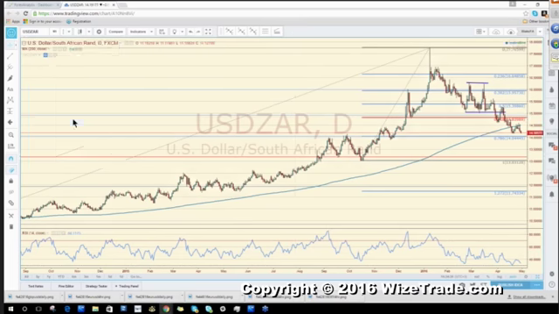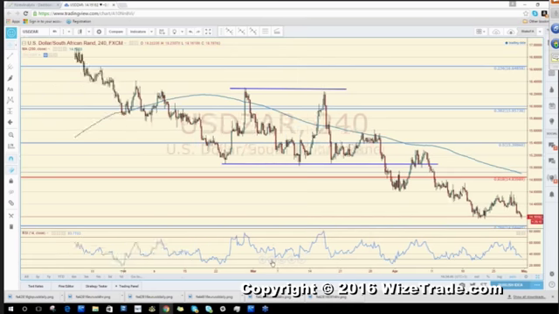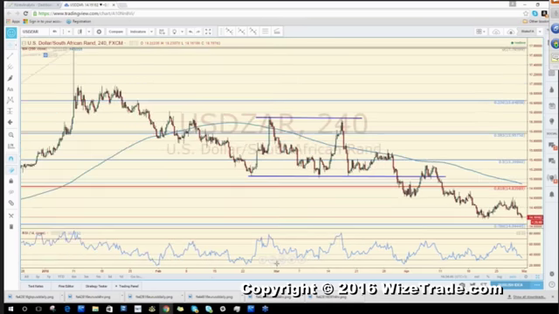But what I want to do is take a real quick look. I knew we were closing on really key support here, and there's a 786 retracement, and because the market is a little risk averse, I'm already long the US dollar Mexican peso, which is obviously working against me at the moment.